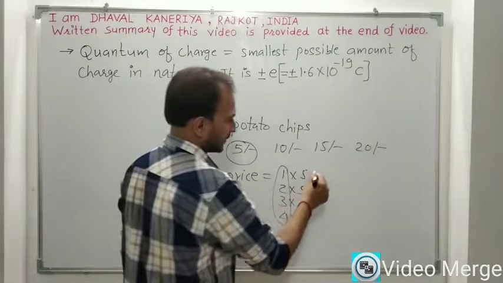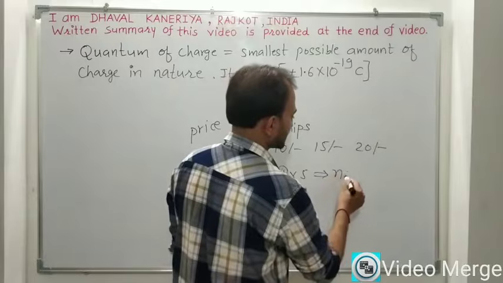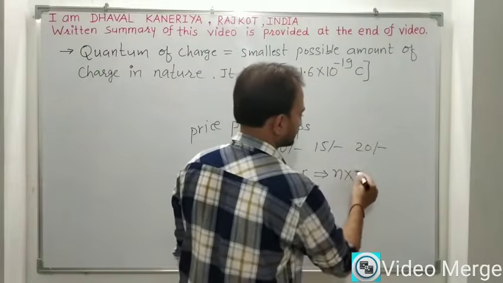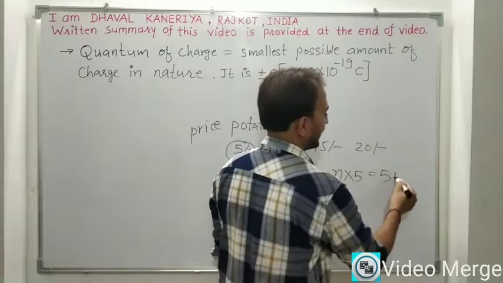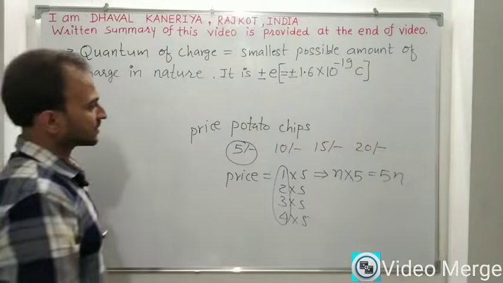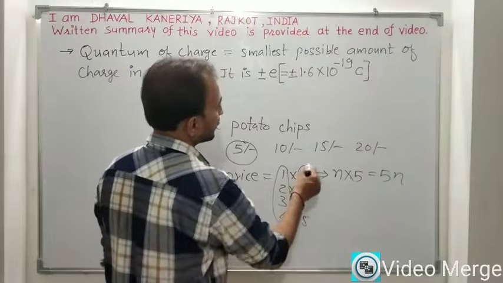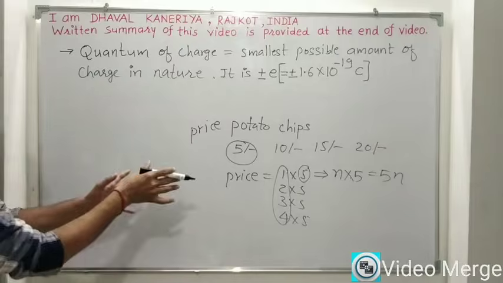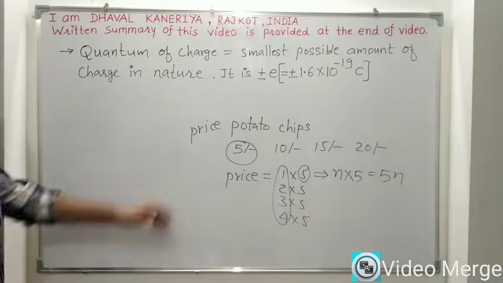These are generalized as n into 5, or 5n, where n is any possible integer. So this is called quantization of price.